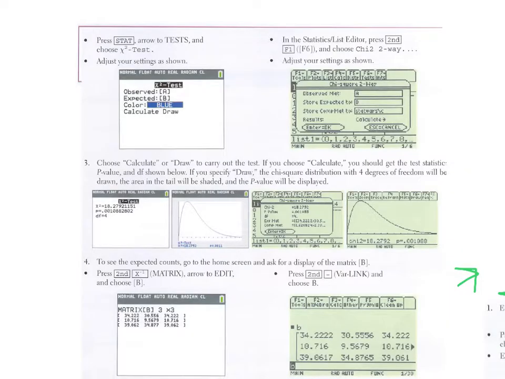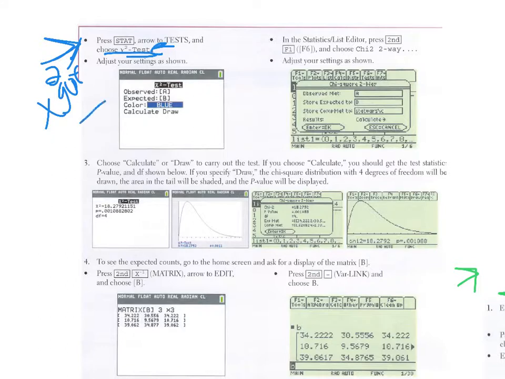So now you will press stat, stat test, just like we had before. And this time you're going to choose your chi-square test. Before, for the one categorical variable, remember it was the chi-square GOF. So this time it's the chi-square test. You're going to adjust your settings.